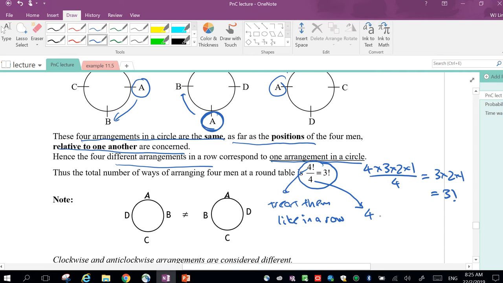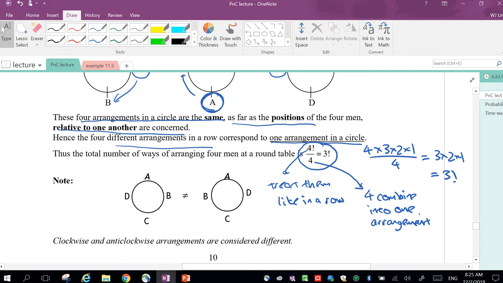Because 4 combined into one arrangement. Do you need to see the animation again? You need me to show one more time? So all clear? So 4 factorial over 4.